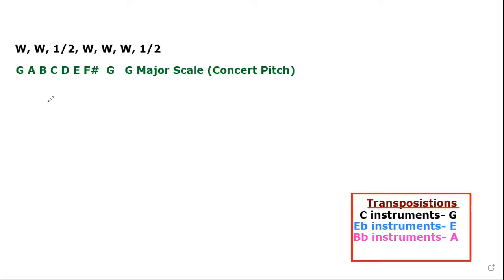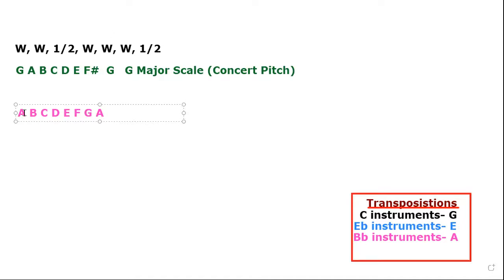If you are a B flat instrument, let me change to pink, you're going to start on A. So you would write down all the letters of the alphabet, A, B, C, D, E, F, G, A, and then apply this formula.